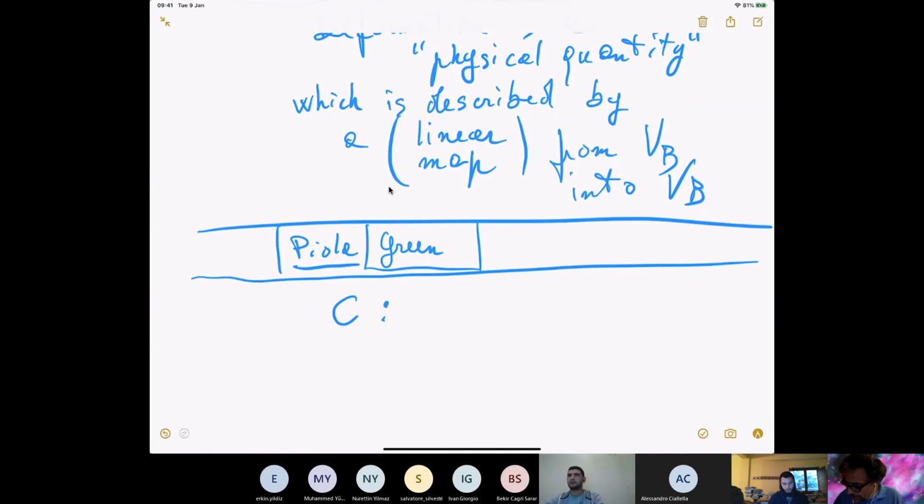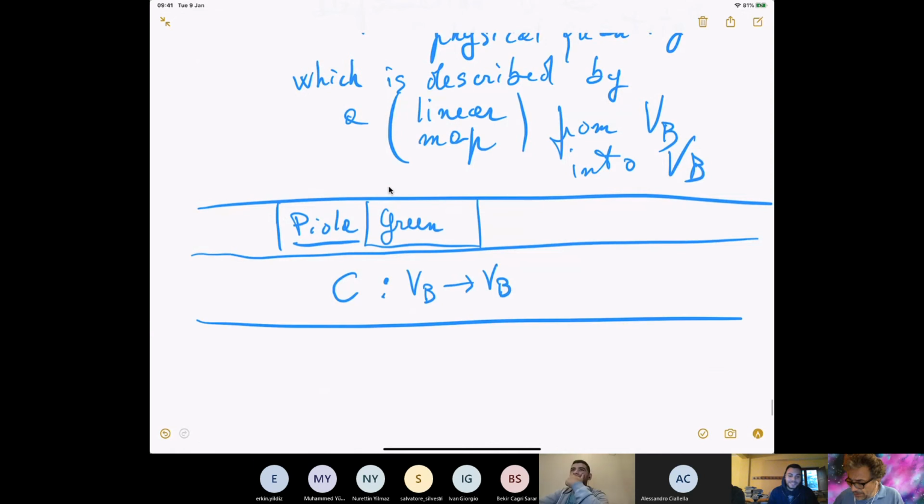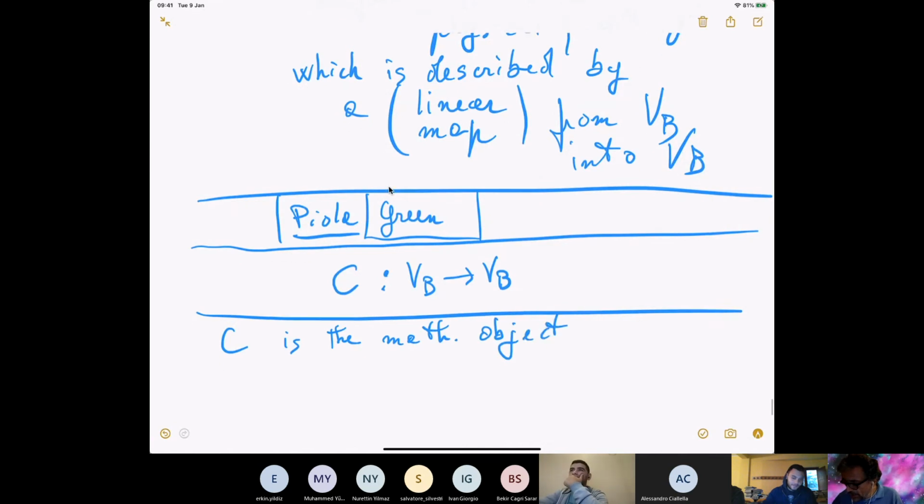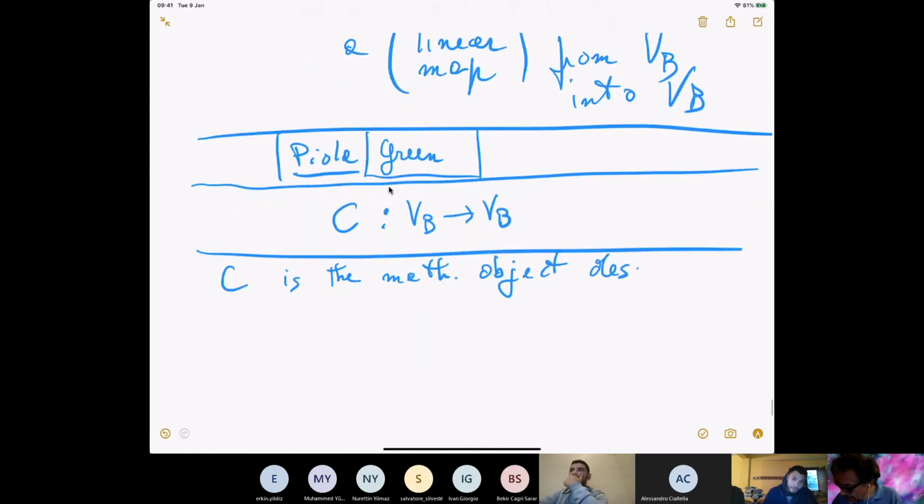C is a map from VB into VB, and this linear map describes deformation. C is the mathematical object describing deformation.